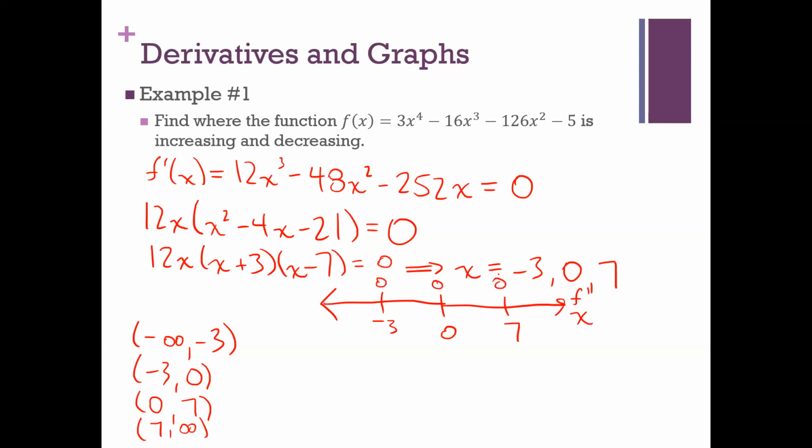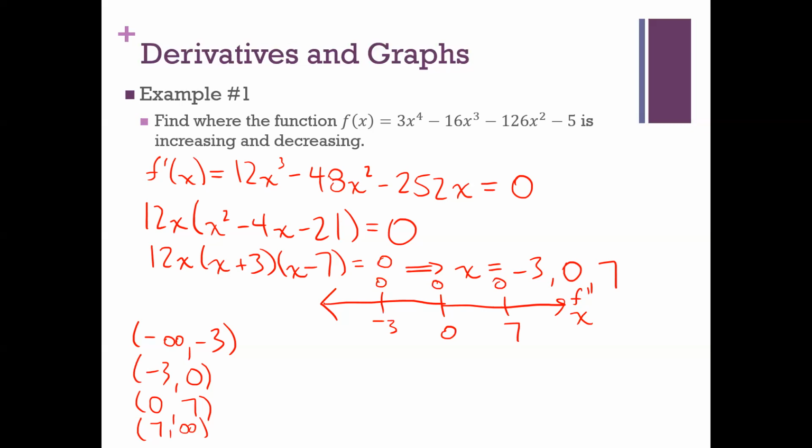Don't you only have to look at negative infinity to -3 and then 7 to infinity, and then it'll tell you about the rest? If we get the far left and far right, will that tell us everything else? Because you know how the y values are doing in the middle.